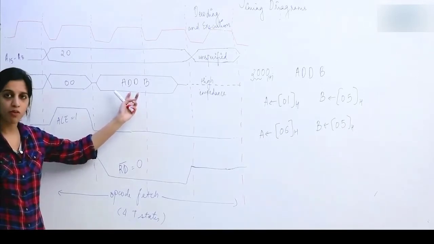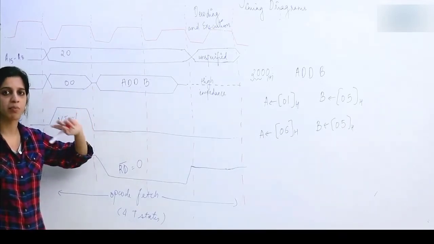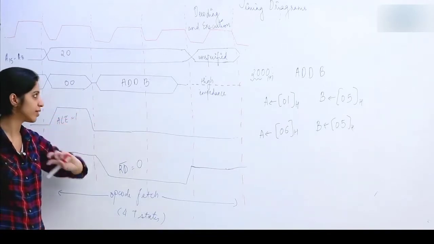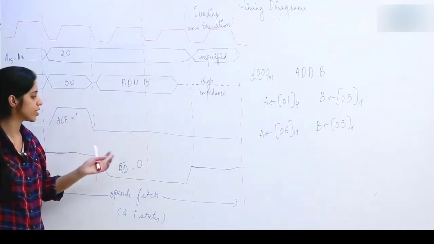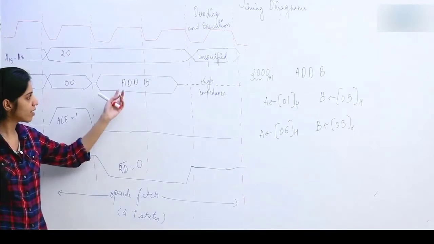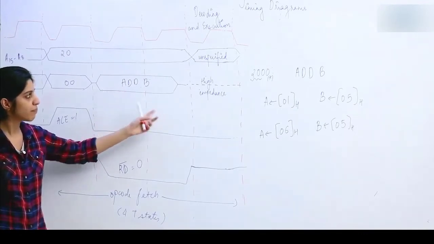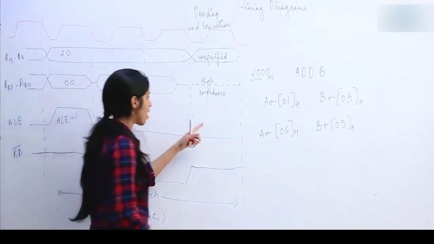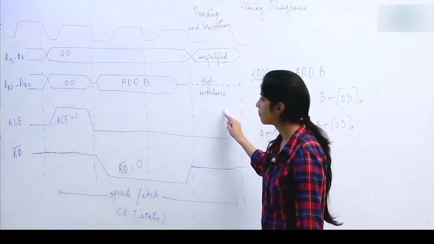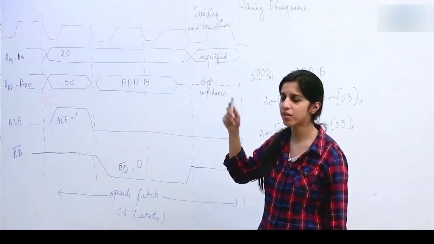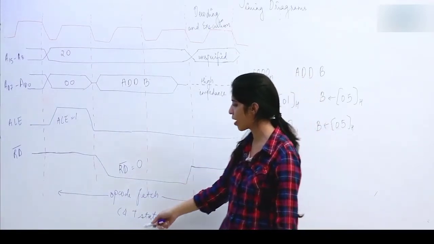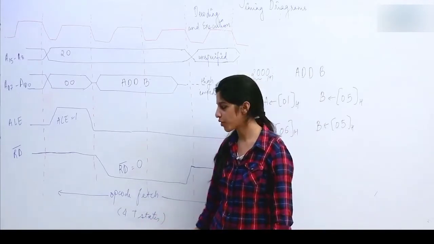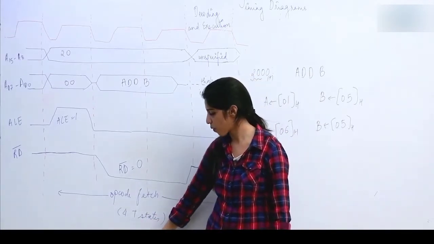If you are going to involve memory anytime, to write in the memory or read from the memory, you are going to require 2 clock cycles, 2 T states. So to read the data, you are going to require 2 T states. Then for decoding, you require 1 T state. So generally in all opcode fetch you are going to require 4 T states. For opcode fetch of any instruction 4 T states are required.